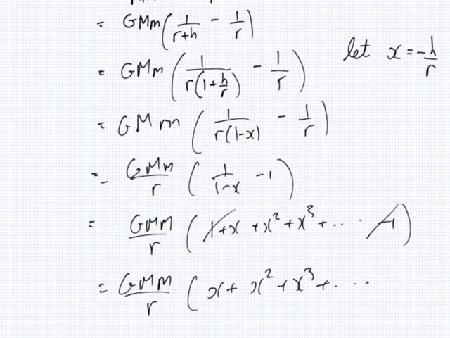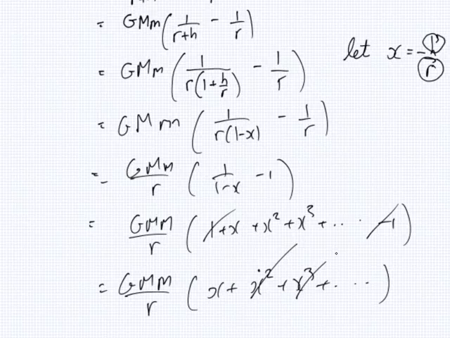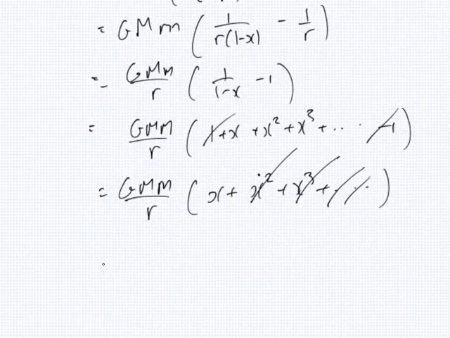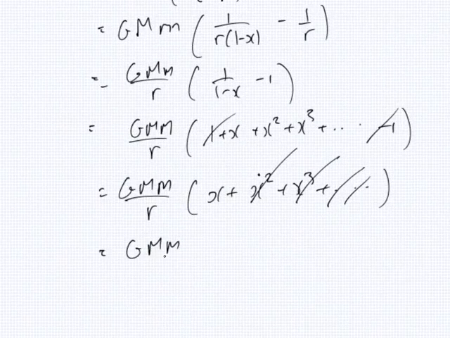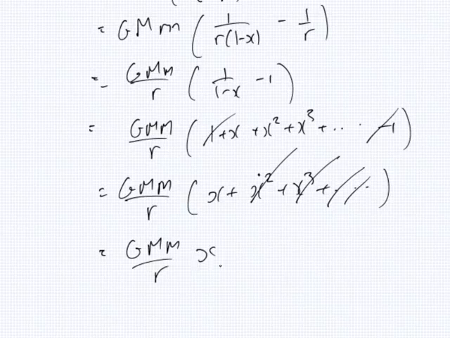However, h is very small, r is very big. h over r is very, very small, and a very, very small number squared is an extremely small number. These are so small they can be ignored. So you're left with GMm over r times x. But let's remember what the x is.